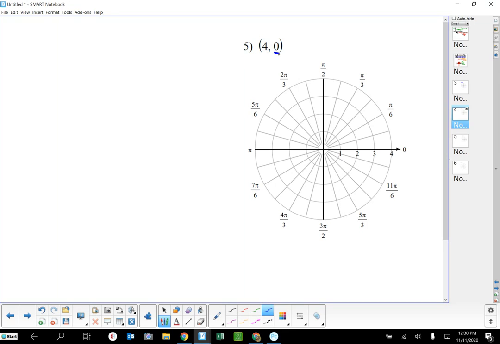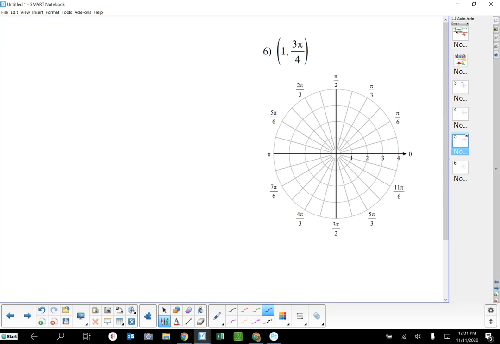All right, well, this one, 0 is the angle. That's here, out to 4. All right. 3 pi over 4. It's not marked on this, but just check your unit circle. That's here, down to 1. Okay.